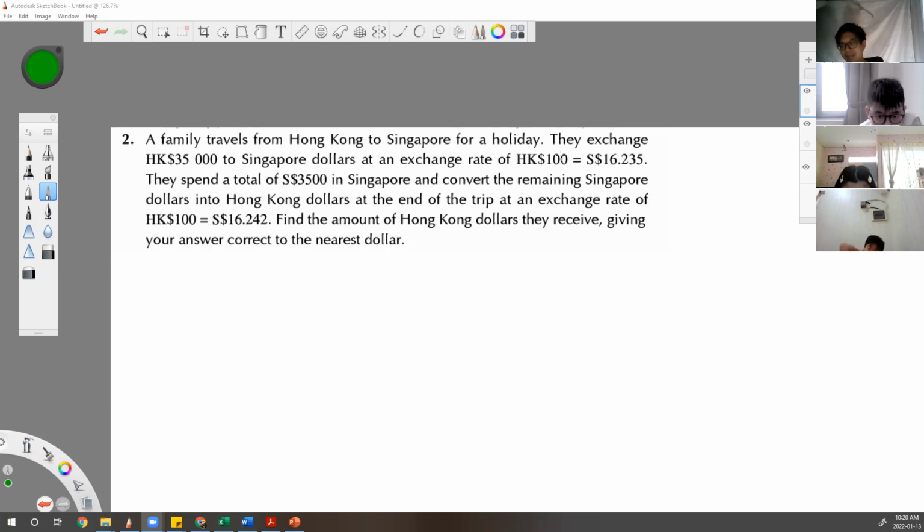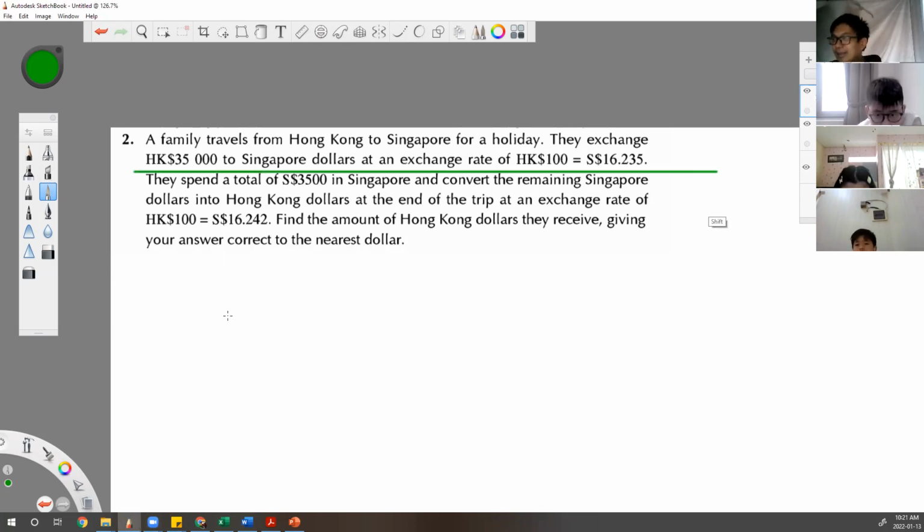Both of them are dollars, but they are different amounts because Hong Kong dollars and Singapore dollars have two different rates. So the rate of change of 100 Hong Kong dollars is $16.235, and then they have to change first, so 35,000 Hong Kong dollars to Singapore.